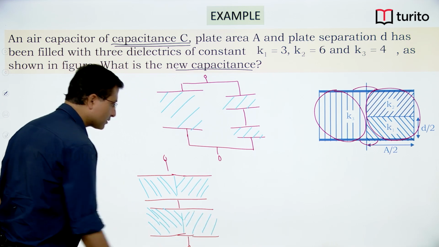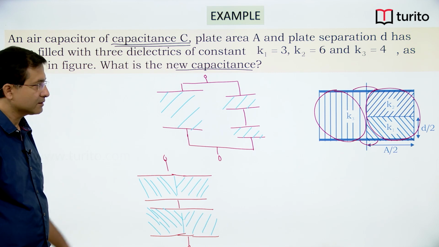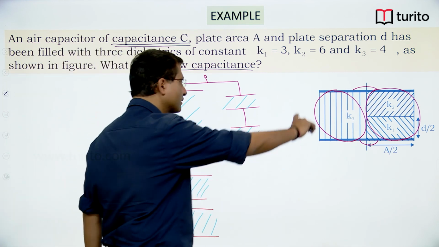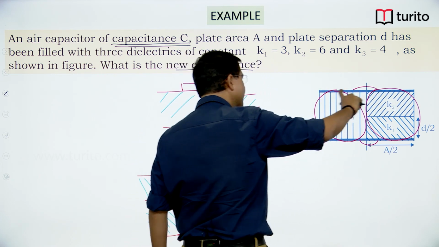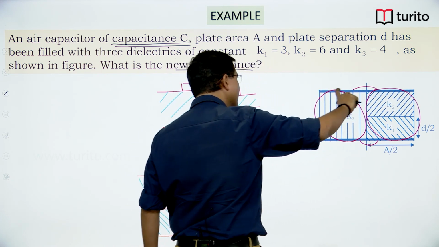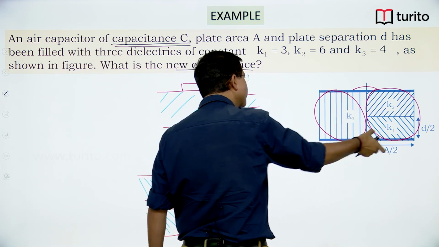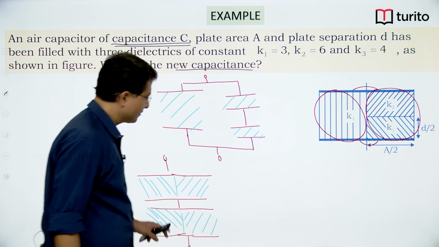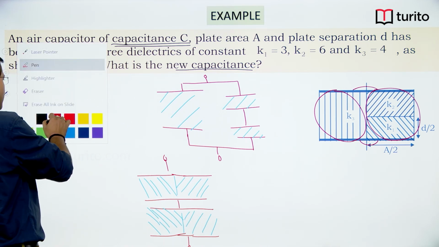This is the most common mistake students commit in exams. This means that half of this K2 and half of this K3 are behaving as parallel capacitors, then the remaining half is in parallel with K1 according to this diagram. But this is wrong.